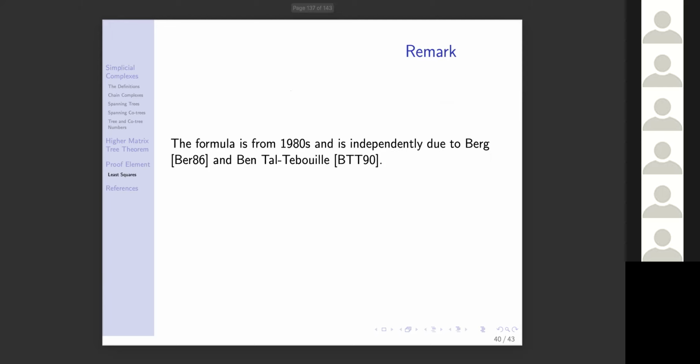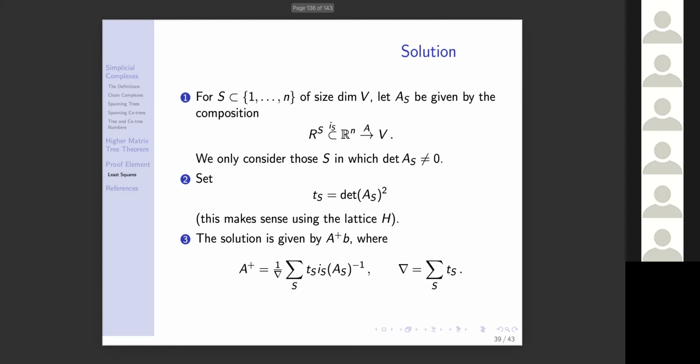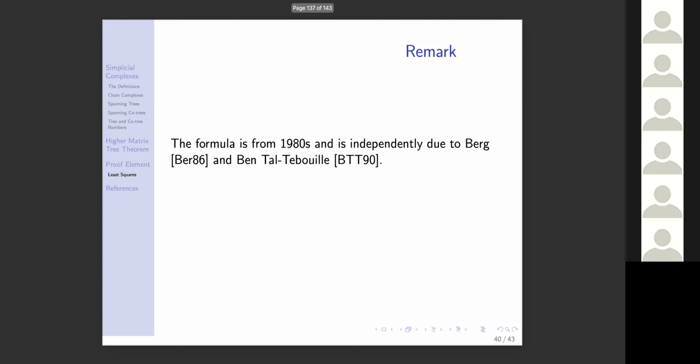You would think this formula was old, like stuff people could have been talking about in 1900, but we could not find any mention of it. It came from the 1980s and is independently due to Ben-Israel and Ben-Tal and Tubui, published in 1990. I could not find a statement of this formula prior to the 1980s.